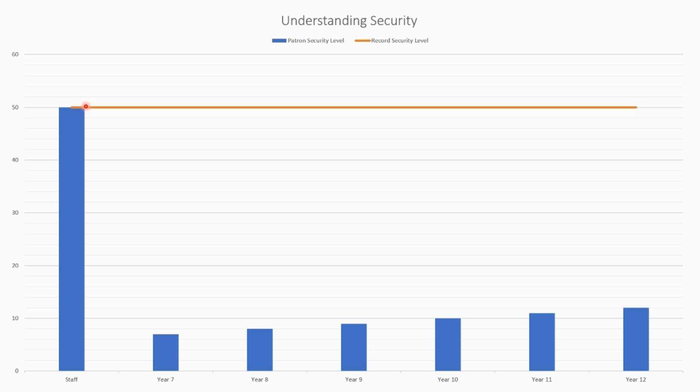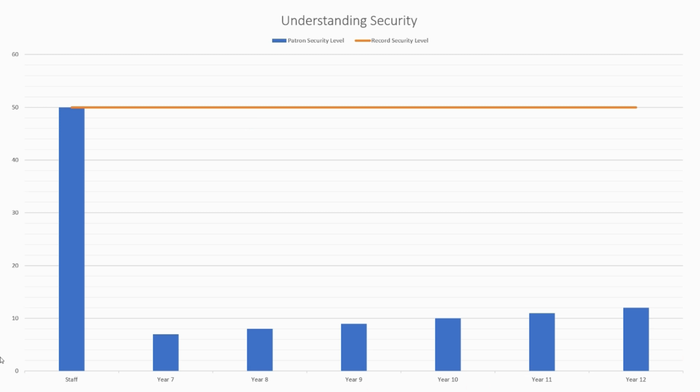Currently this record sits at level 50, so anyone who has an equal or higher level can view this record. Looking at this line, only our staff members can view this record. Our year 7s through to 12 are all below this line, therefore they do not have access to it.